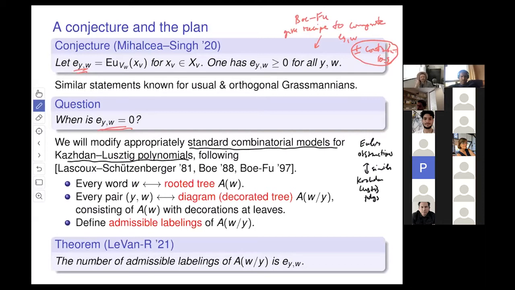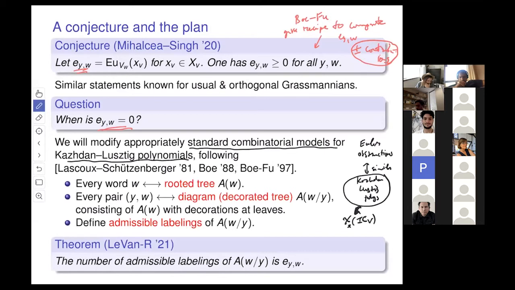So what these Kazhdan-Lusztig polynomials determine are the local intersection homology groups of IC sheaves. In particular, if you plug in -1 in a Kazhdan-Lusztig polynomial, you're going to get the local Euler characteristics of IC sheaves.